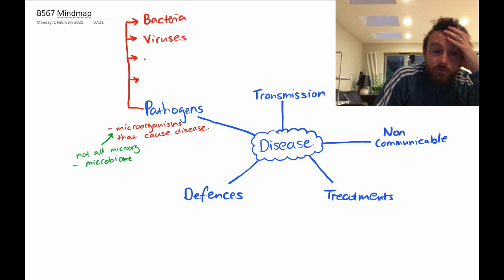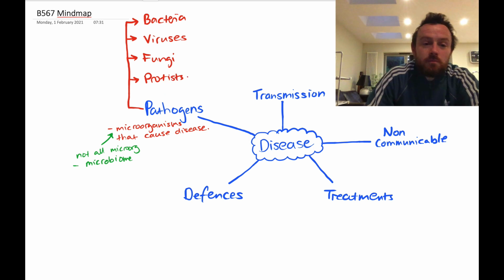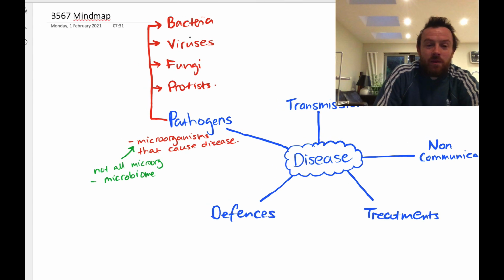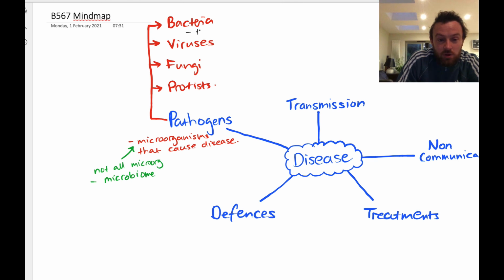We have got fungi. And we've got protists. Now we can put a little bit about how they cause disease. So bacteria produce toxins. Viruses invade cells.